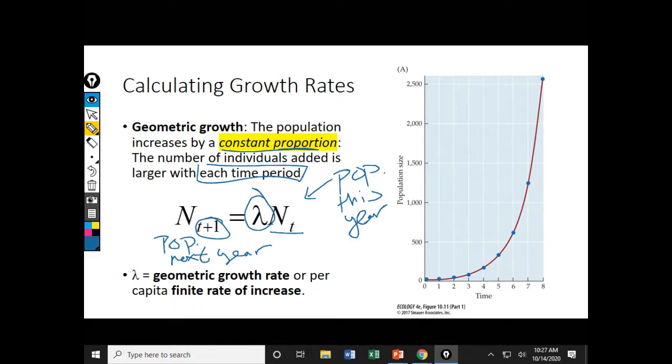So if we look at our graph, we have time at the bottom. But instead of lambda on the y-axis, we have population size.